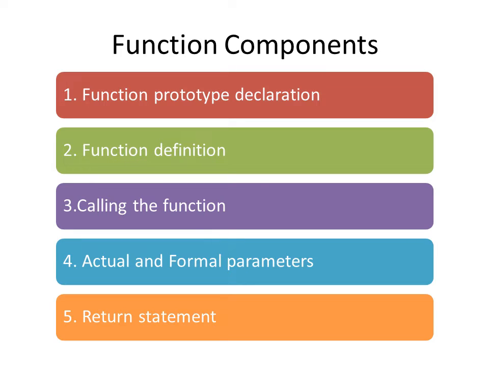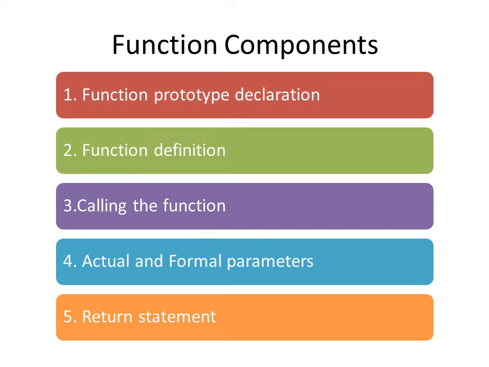When we talk about a function, there are 5 different parts of the function. One is the function prototype declaration, that is used to declare the function, and the second is the function definition, where the original work of the function will be defined. After defining the function, this function will be called by some other function, and the third is calling the function.